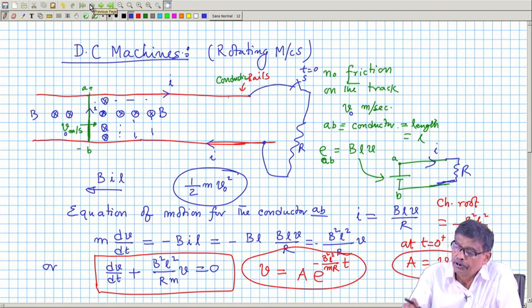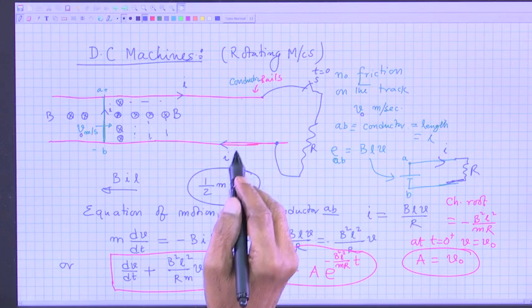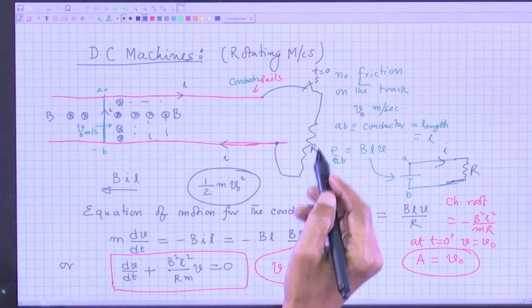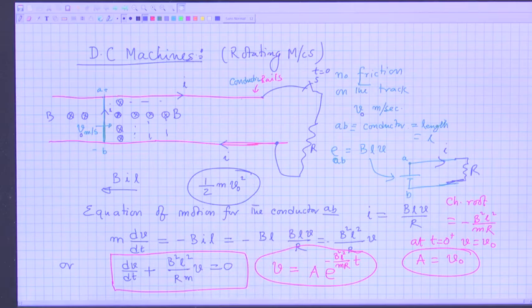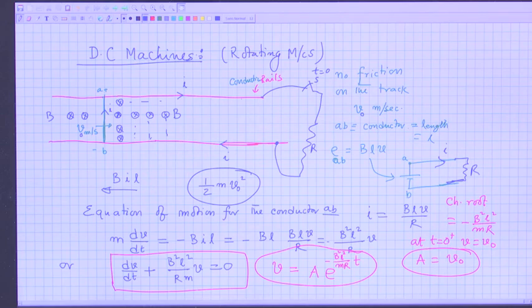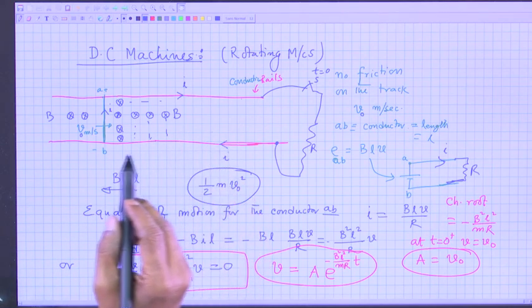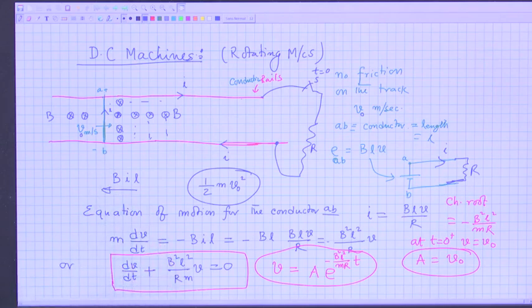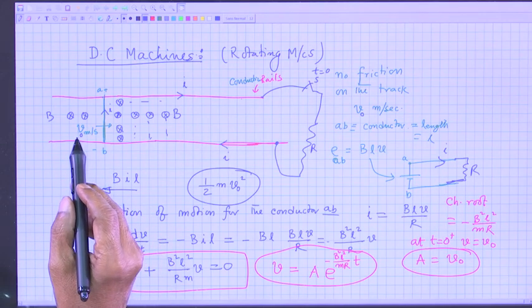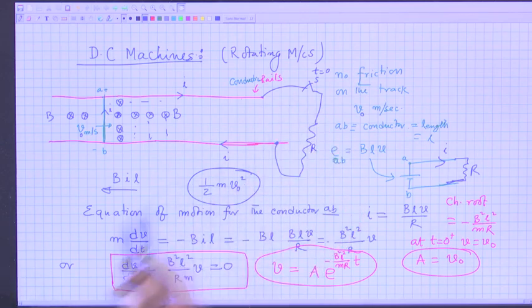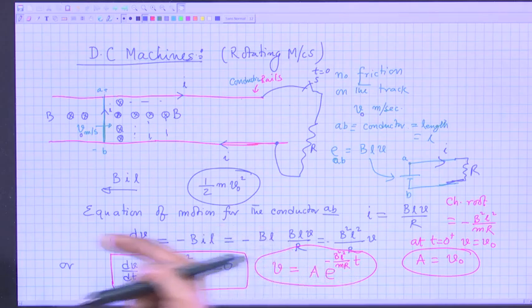That means, I want to get a constant voltage here with some load being supplied, that switch is closed, and at that time I must maintain the velocity. See, if I say that my velocity will remain V0 with this switch closed, then I must demand that there will be an opposing force coming in.